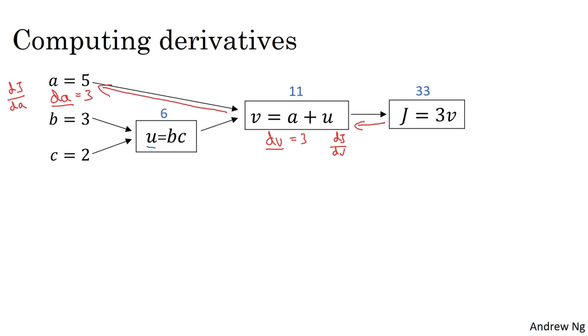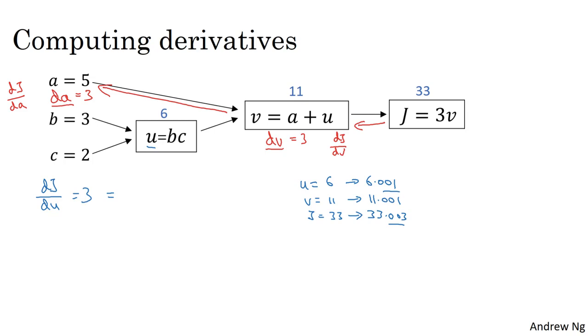Let's look at the value u. So what is dJ/du? Well, through a similar calculation as what we did before, we start off with u equals 6. If you bump up u to 6.001, then v, which was previously 11, goes up to 11.001, and so J goes from 33 to 33.003, so the increase in J is 3x. The analysis for u is very similar to the analysis we did for a.